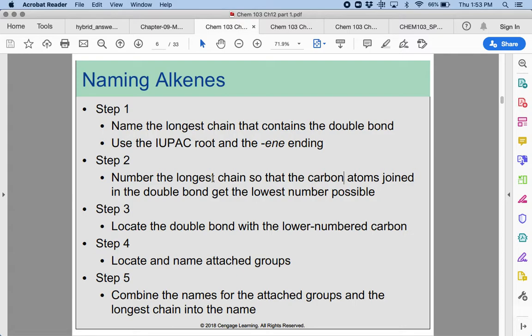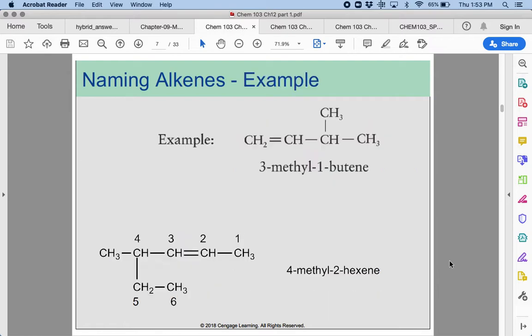When you have your chain that you're picking for your root of your name, the double bond or bonds have to be in that chain. They can't be on the side. And then lastly, we're going to add prefixes for any names that we need to. And now, instead of having ANE for our ending, we're going to have ENE for our ending to represent an alkene. So for example here, we have 3-methyl 1-butene.